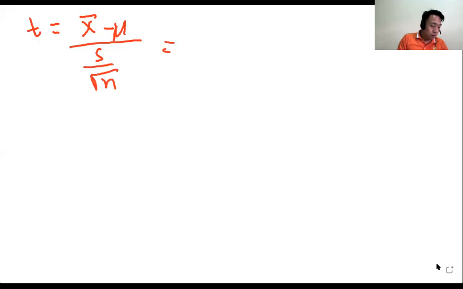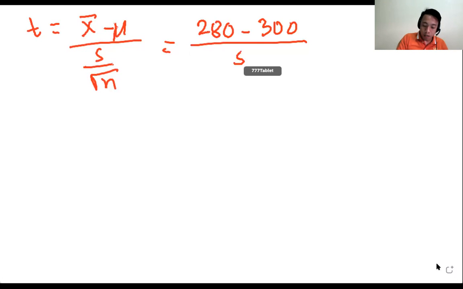We have the X bar, which is 280, minus the 300, all over the S, which is 50, over the square root of 15.